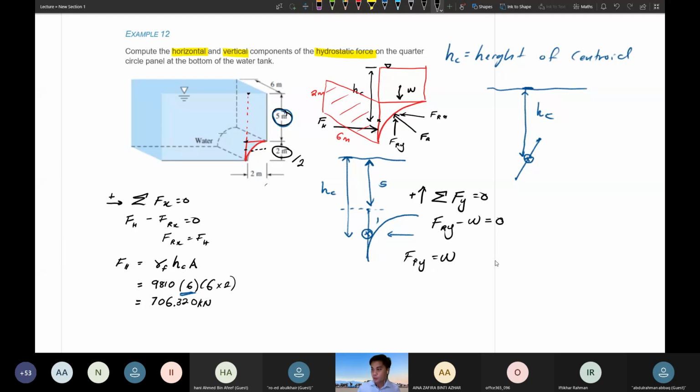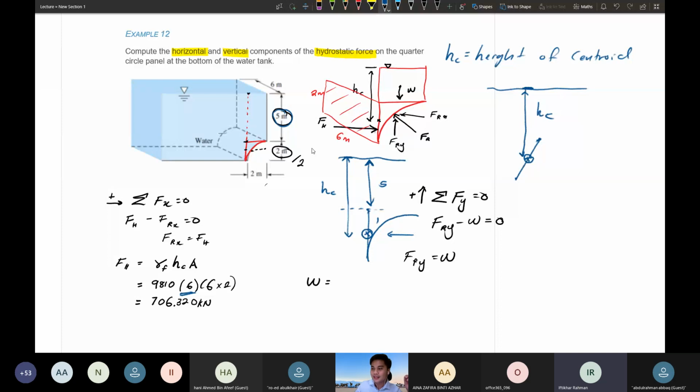So what's the weight? Weight of what? What needs to be subtracted? Weight of the fluid, which is water. That is mg, mass times gravity.